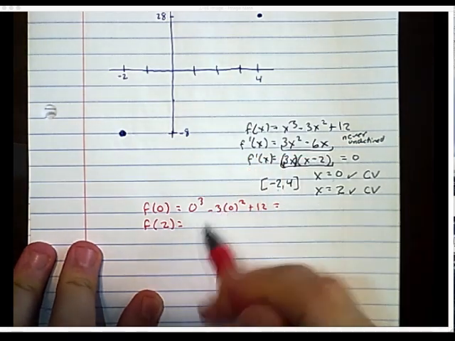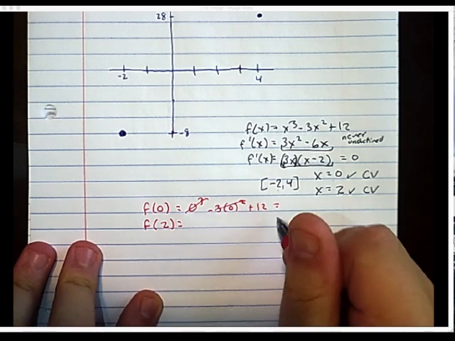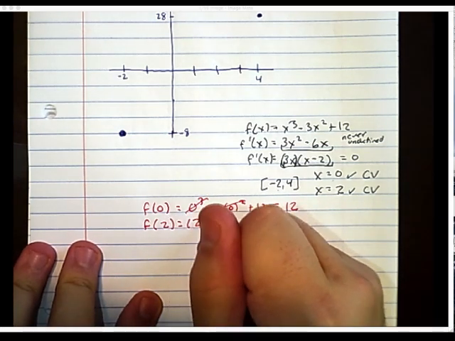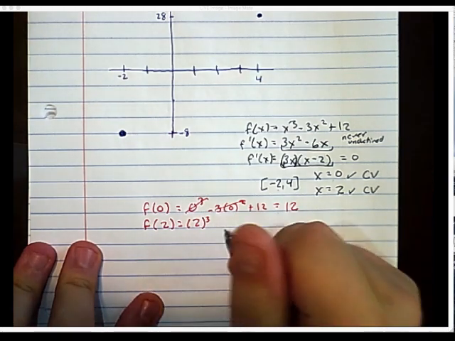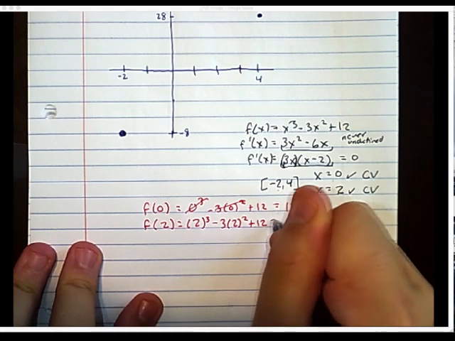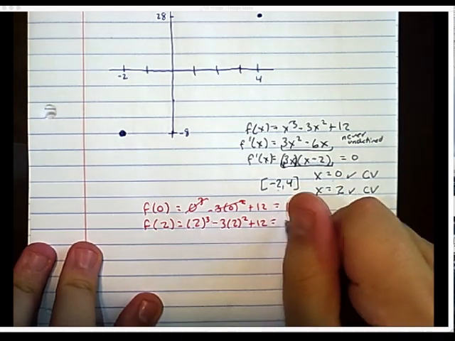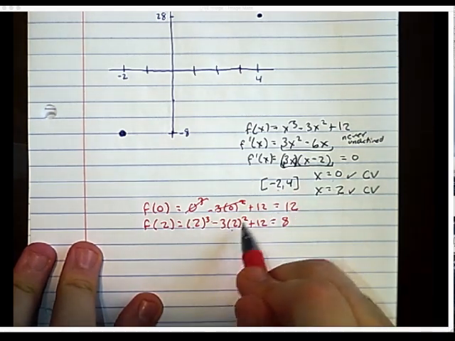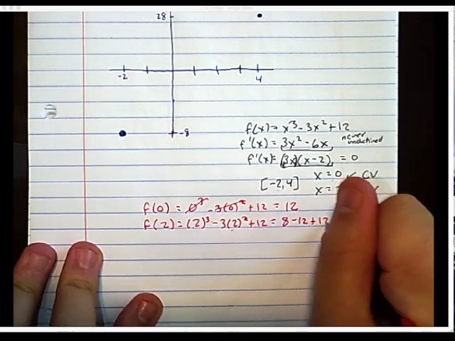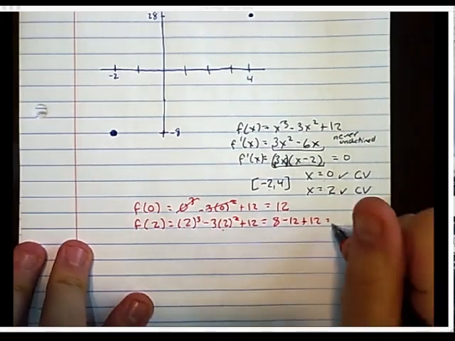Hopefully you'll know right away that 0 cubed is 0, that thing's going to be 0, and that's just going to be 12. What about 2? 2 cubed minus 3 times 2 squared plus 12. Let's simplify that. 2 cubed is 8. 2 squared is 4 times negative 3 is negative 12 plus 12. Okay. So that's going to come out to 8.